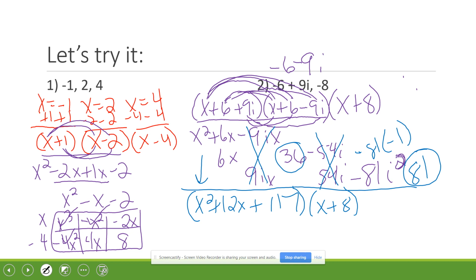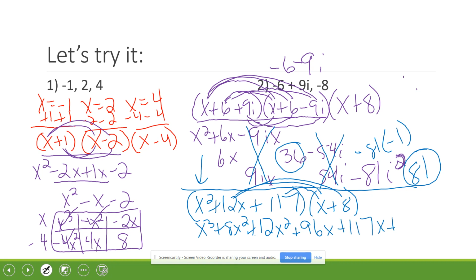So I have x squared times x is x cubed. x squared times 8 is 8x squared. 12x times x is 12x squared. 12x times 8 is 96x. 117 times x is 117x. And 117 times 8 is 936.